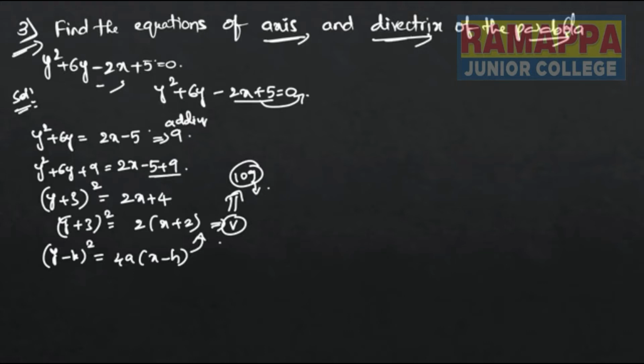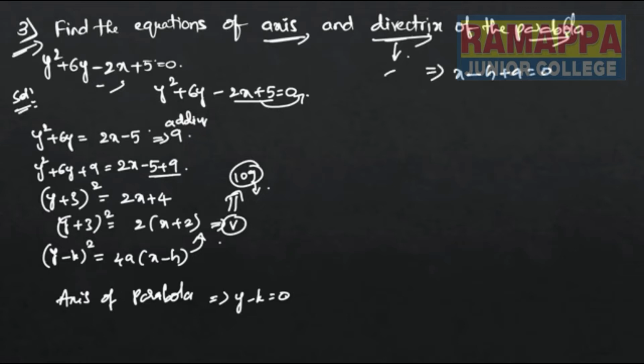There you will find the axis of the parabola is y minus k is equal to 0, and the other thing we have to find is the directrix. The directrix is given as x minus h plus a is equal to 0. So these two terms we have to find now.